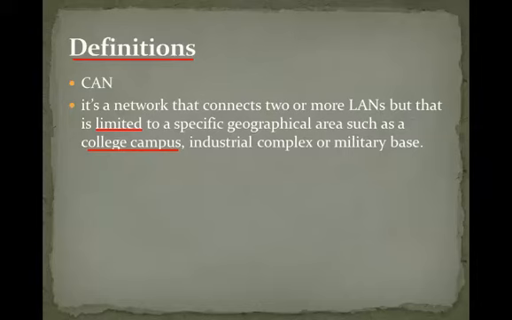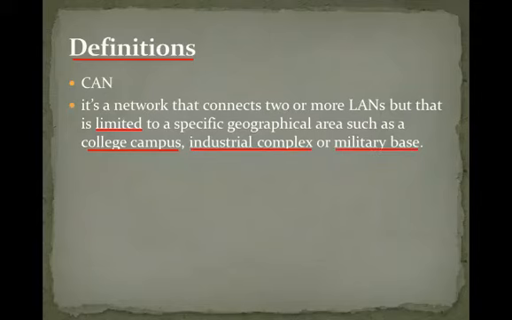A college can be like a school. It can be a big school with a big campus, which involves several buildings in the campus, or it can be an industrial complex or a military base.